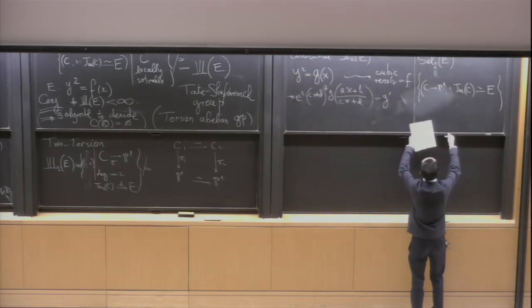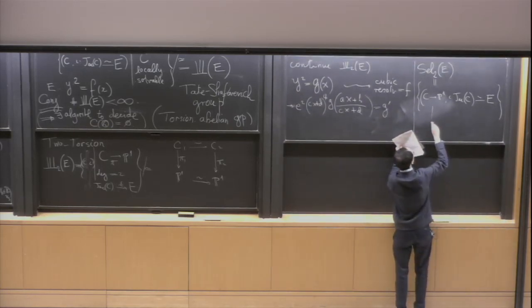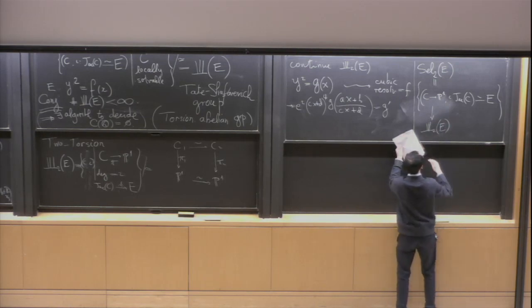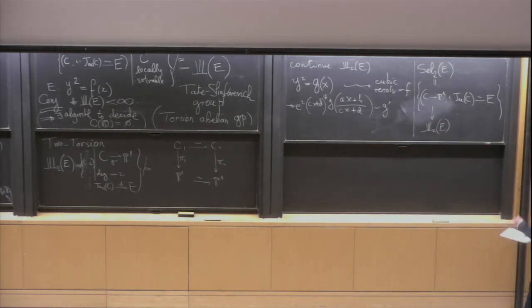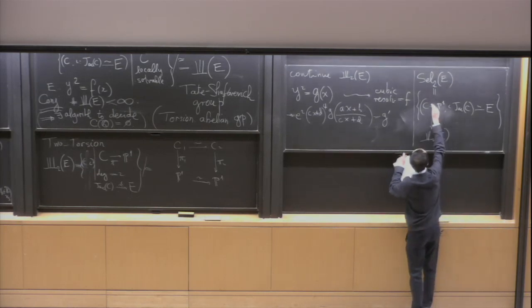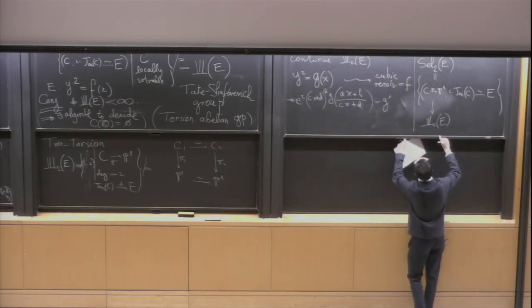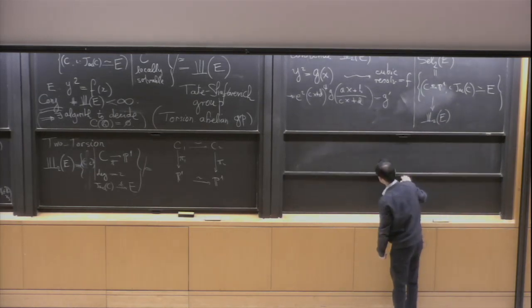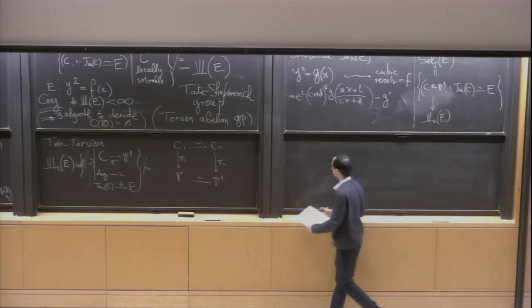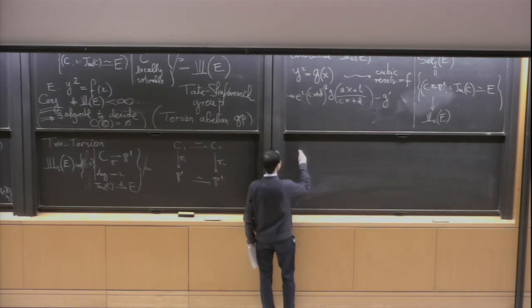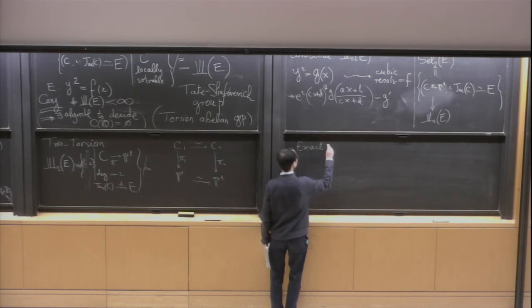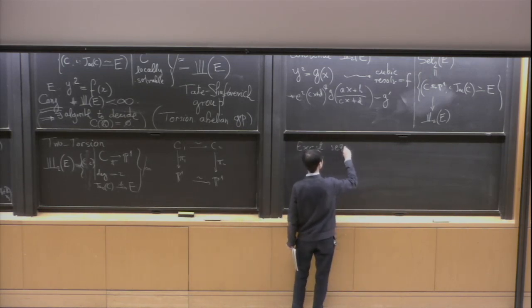Clearly there is a map going from Selmer to SHA by just remembering the curve, forgetting the map. By doing that, I have the following exact sequence of finite abelian groups.